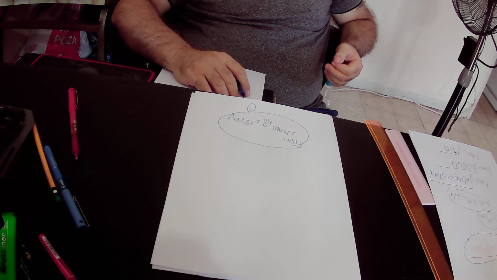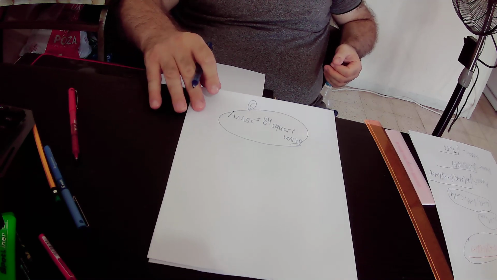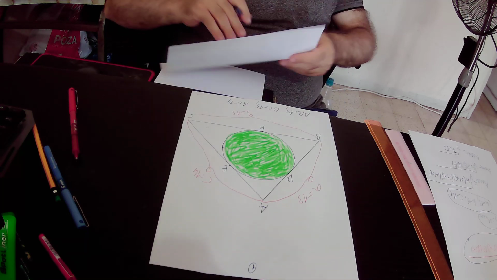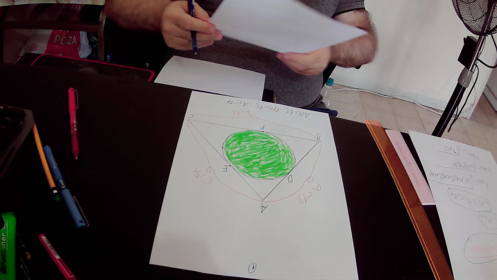After we found out the area of triangle ABC, we will find the radius of the green circle.